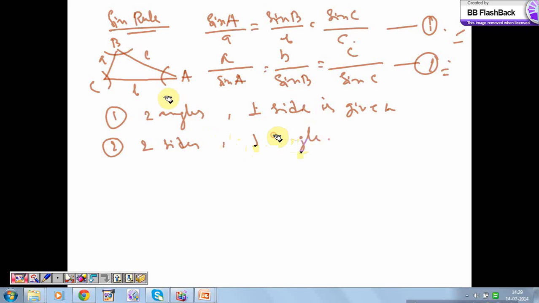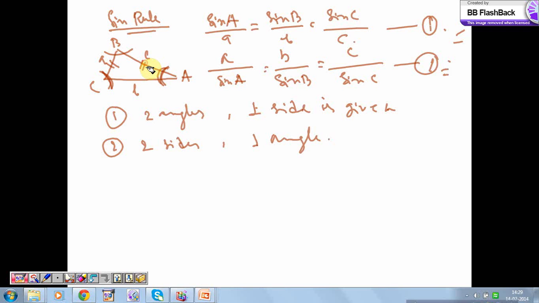Opposite angle means, suppose side C and side A are given, then the opposite angle means A or C. This angle A is opposite to the side a, this angle C is opposite to the side c.